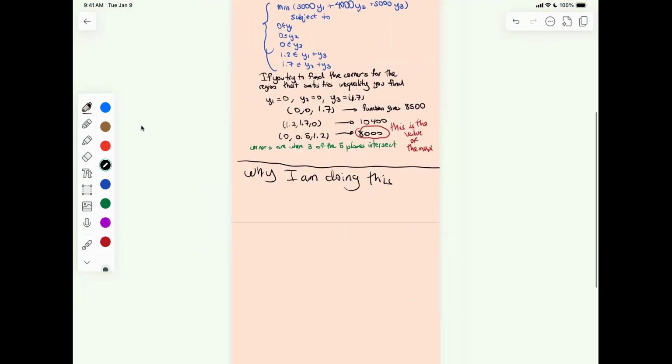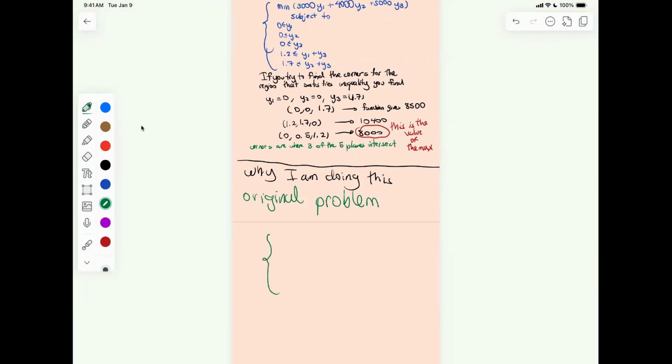Because let's think about the original problem. Let me write the original problem that we started with last time. In the original problem, you were trying to find the max of 1.2 x1 plus 1.7 x2, and you needed x1 to be non-negative, x2 to be non-negative.